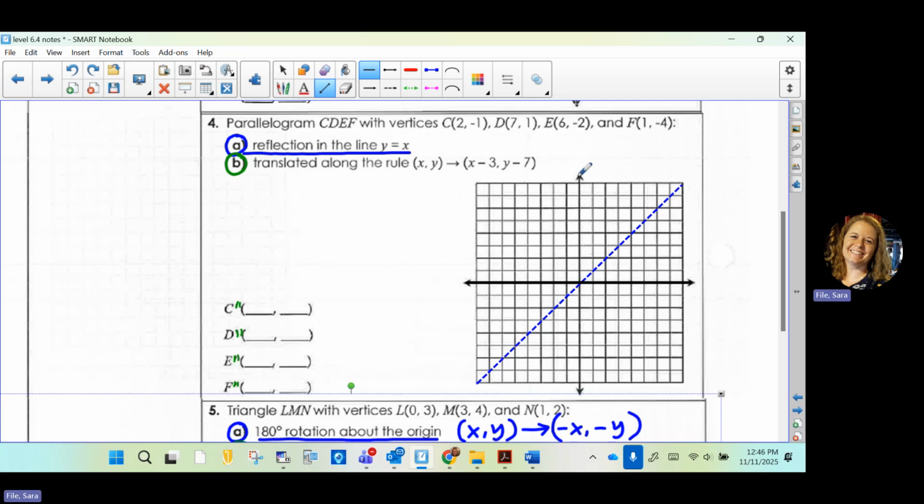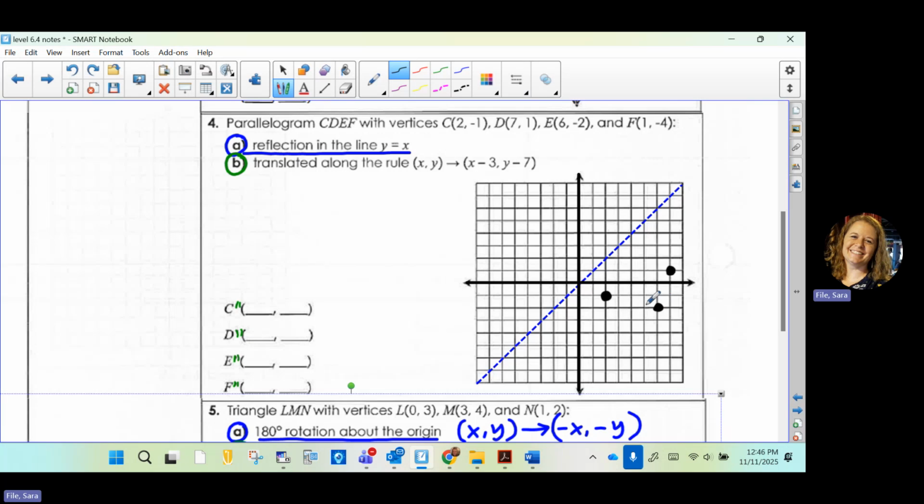That'll look better on y. There's y. Okay, so I'm going to plot my points for the original. C is at 2, -1. The original D is at 7, +1. E is at 6, -2.